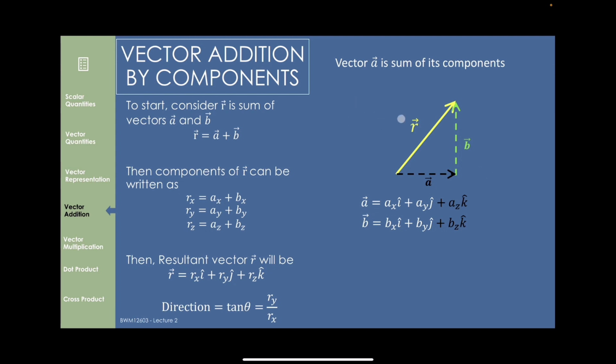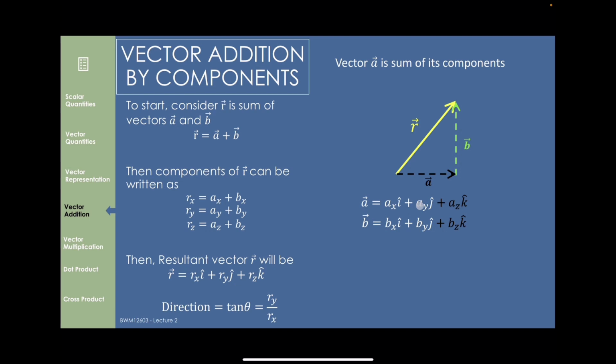So let us consider we have a vector r that is the sum of vectors a and b, and vectors a and b can be represented like this. They are in space, for example, or in a plane. If they're in a plane like the x and y plane, then a will be equal to axi plus ayj.